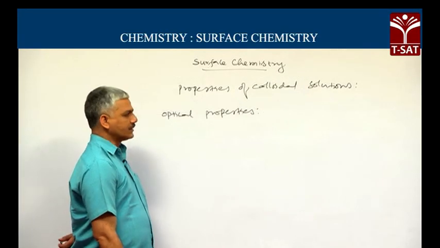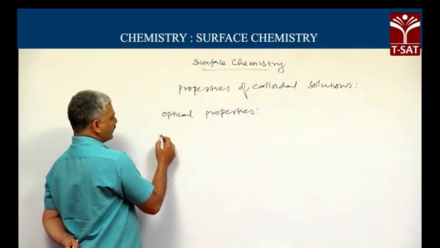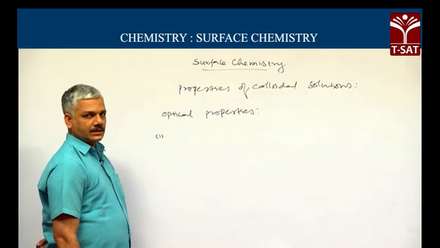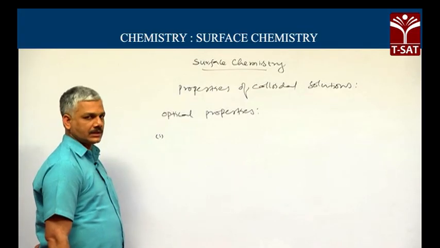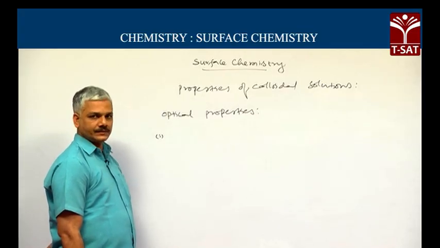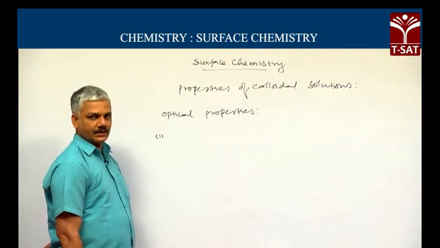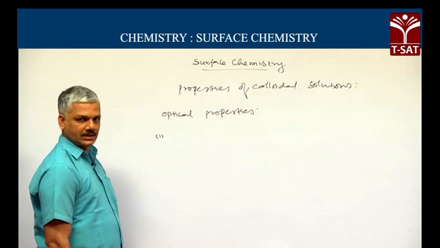Optical properties of colloidal solutions. Most of the colloidal solutions are colored in nature, and color of the colloidal solution changes with the change in the particle size of the dispersed phase. For the same dispersed phase with the change in size, color changes.